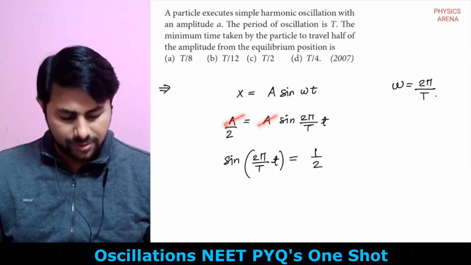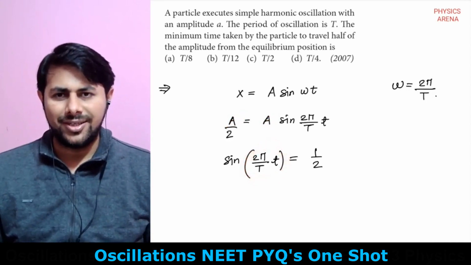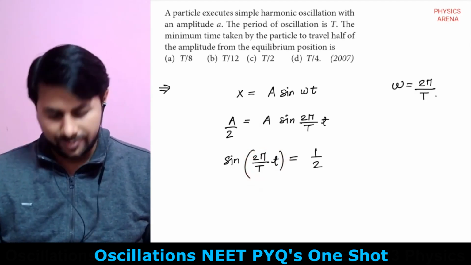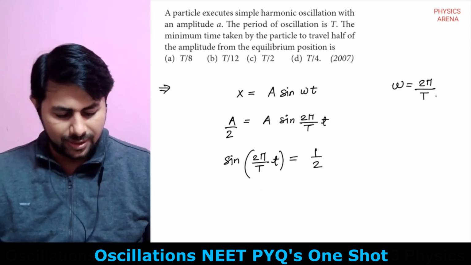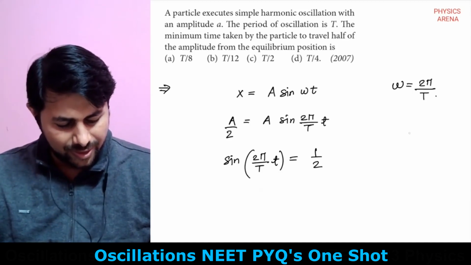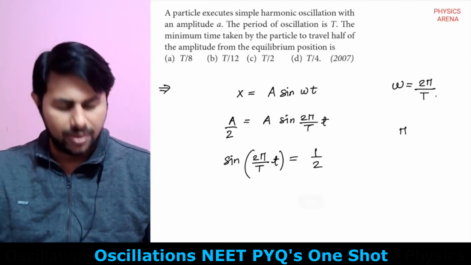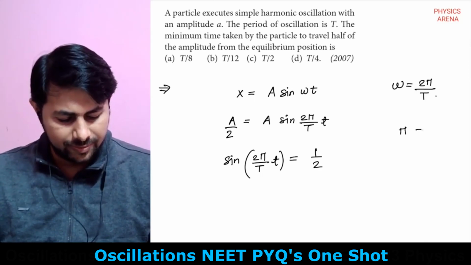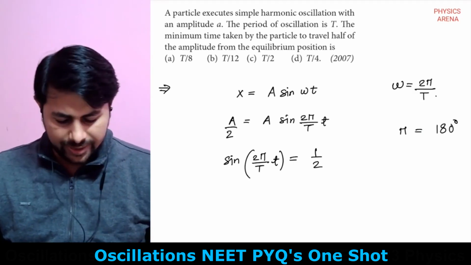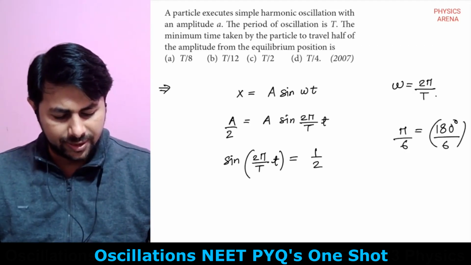A and A get cancelled. That means this thing is equal to 30 degrees, right? Sine of 30 degrees is half. And how do we write 30 in terms of pi? Pi radians is 180 degrees, therefore for 30 degrees it is pi by 6, right? 180 divided by 6 is 30.